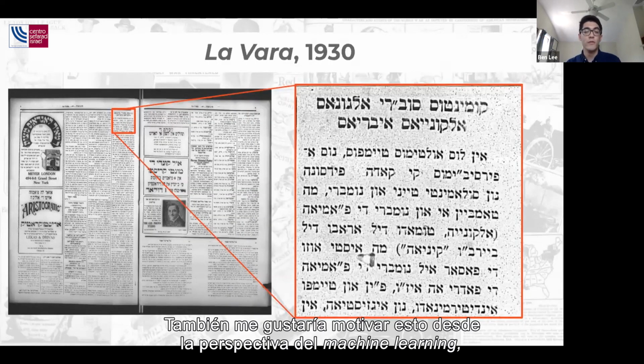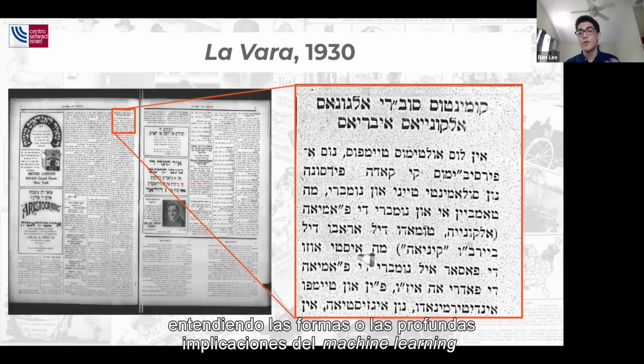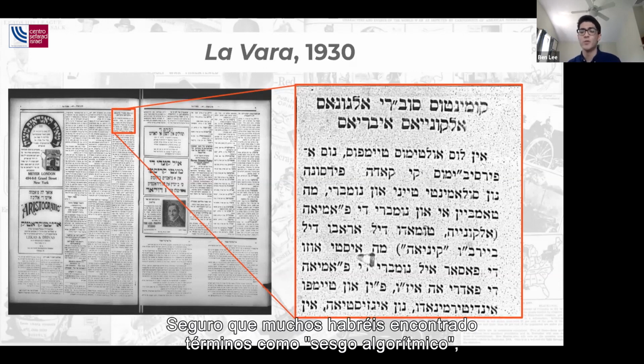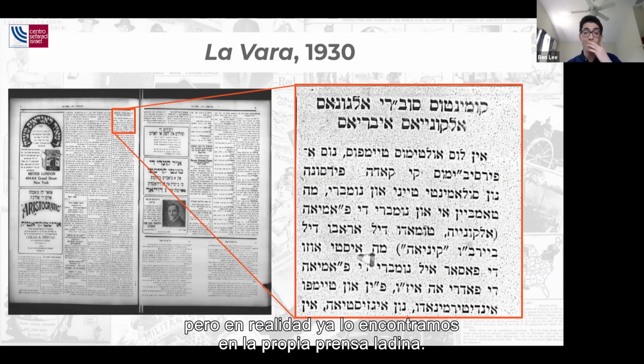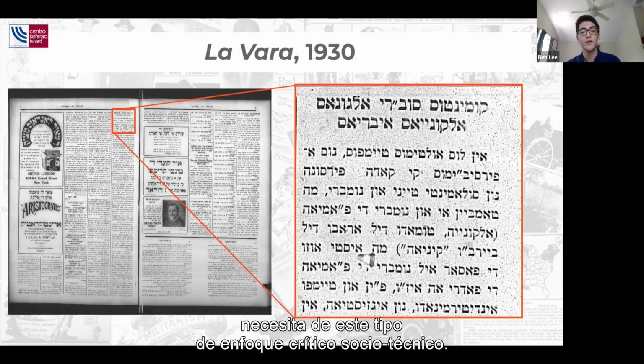I'd also like to motivate this from the perspective of machine learning, which is my home discipline. In particular, understanding the profound implications of machine learning in terms of perpetuating marginalization or erasure. I'm sure many of you have encountered terms such as algorithmic bias, but we actually find this within the Ladino press itself. Really any work with machine learning and cultural heritage necessitates this kind of critical socio-technical lens.